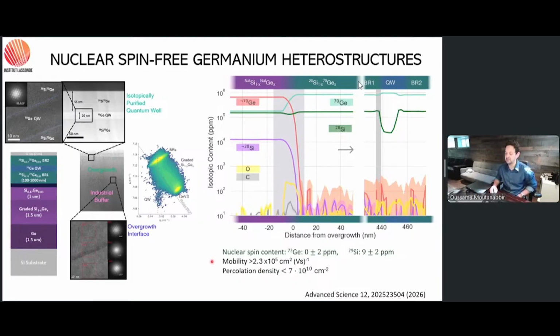So this is on par with the best heterostructures reported using natural silicon and natural germanium. And I think all of these mobility measurements are not limited by the material quality, but rather by the device processing. We have this interface with the oxide that still needs to be optimized.